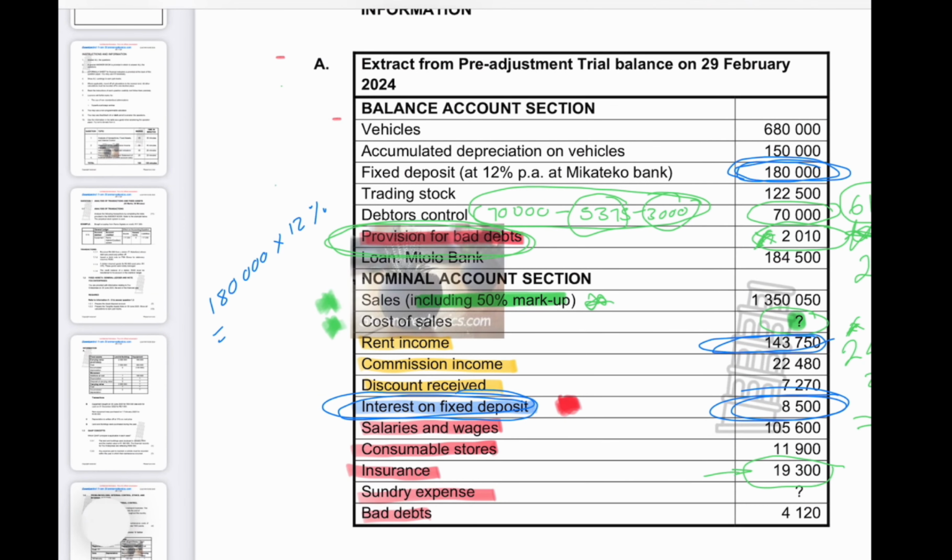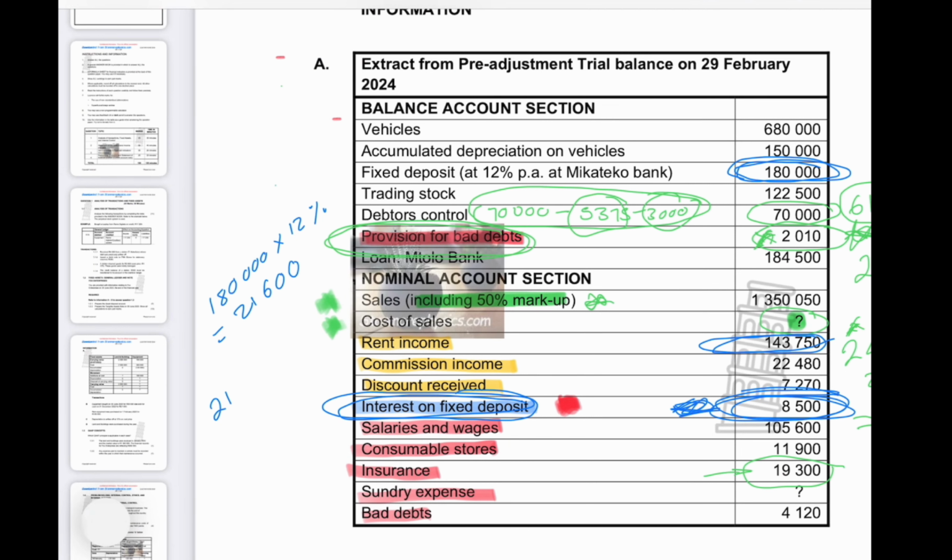So if you look in your trial balance, they said we only received interest of 8,500, which means now there's an amount that is missing, because when we calculate the interest that we're supposed to earn it is actually 21,600. Okay, so now you have to add the difference.